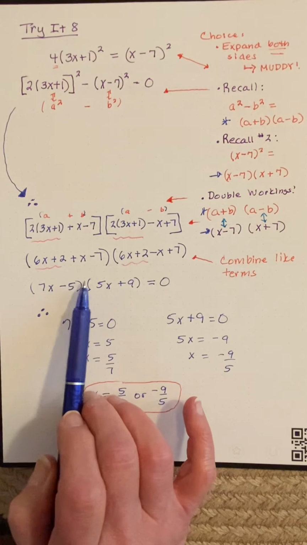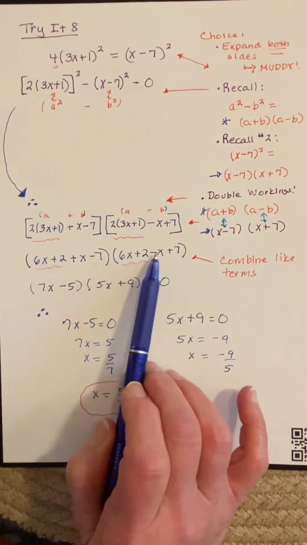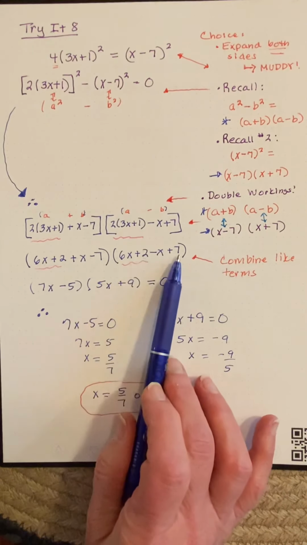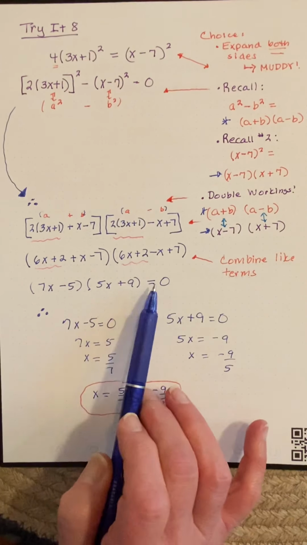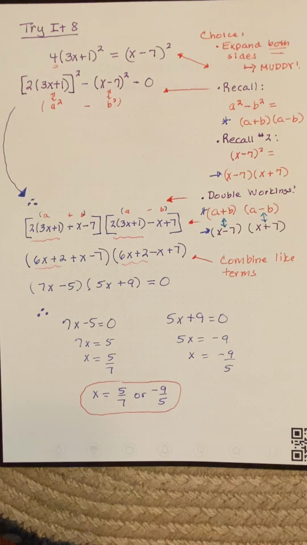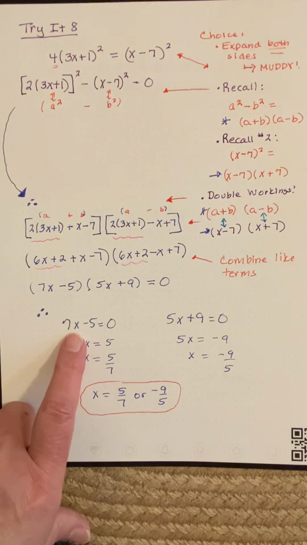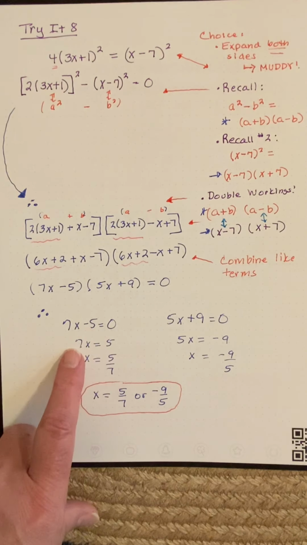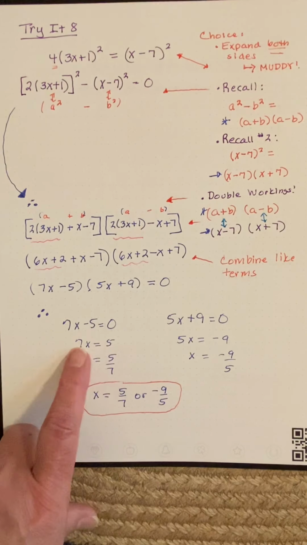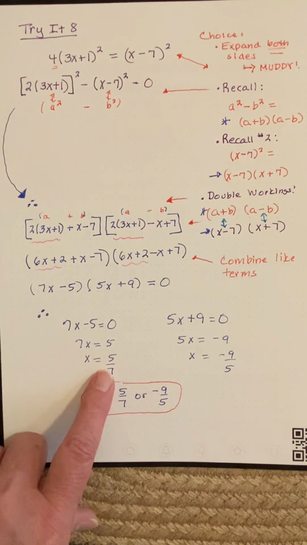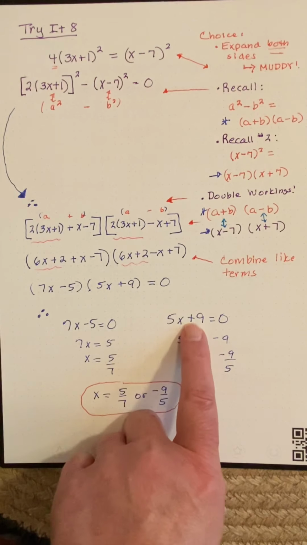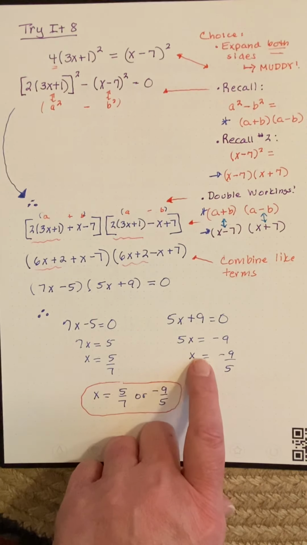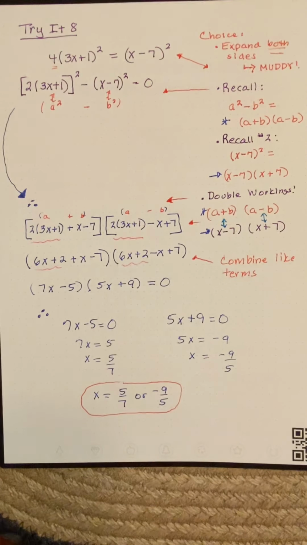That's my first quantity, times 6x minus x, 5x, positive 2, positive 7, positive 9 equals 0. Okay, from here on in, it's pretty easy. I solve for 0, 7x minus 5. Bring my 5 over. 7x is positive 5. Divide through by 7. X is 5/7. Over here, get my 9 over. 5x equals negative 9. Divide through by 5. X is negative 5/9. So there we have it.